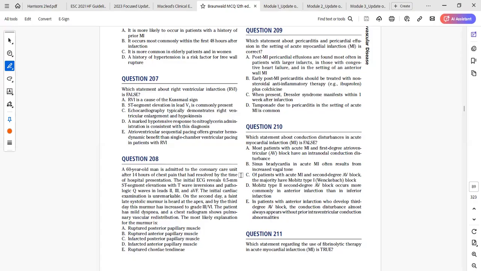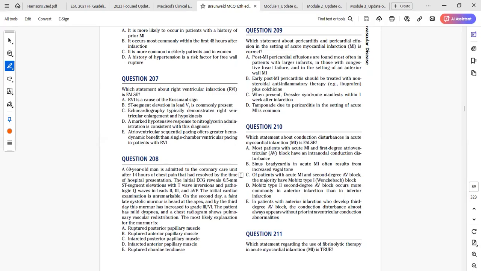I will start with C and D. In inferior infarction, they usually are complicated by an affectation of the AV node, and they would present with Mobitz type 1 block, the Wenckebach phenomenon, mostly more than the Mobitz type 2. So they can have first degree AV block, and also they can have the second degree AV block Mobitz type 1. Then in anterior infarction, they tend to have the Mobitz type 2 second degree AV block, as opposed to the type 1 in inferior infarction.